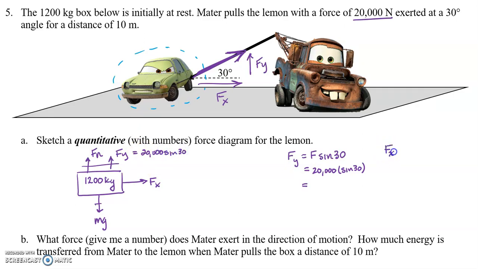But we also want the x component. This is the one I really care about. You'll see why in a second. Cosine of 30. So 20,000 cosine 30. Crunch those numbers. I do have this answer because, like I said, that's the one that was important.